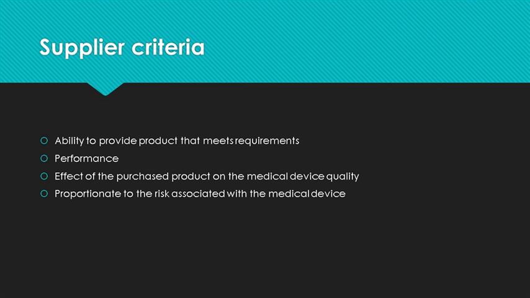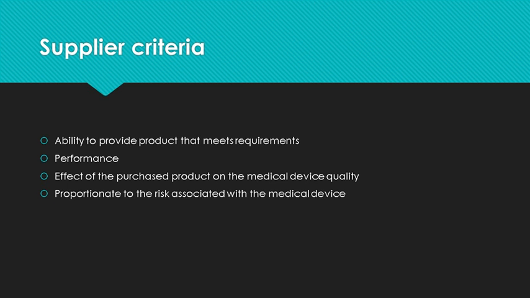Performance. Typically, suppliers are rated on quality, delivery, price, and/or service, or responsiveness. This information should be reported in the management review and utilized to determine if a supplier needs to be replaced or not. The effect of the purchased product on the medical device quality.